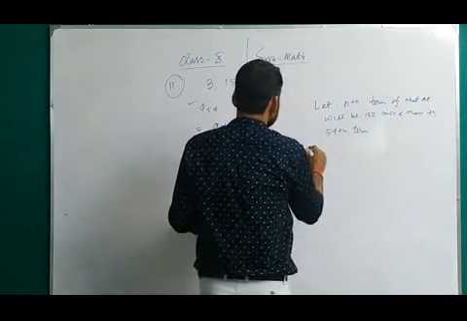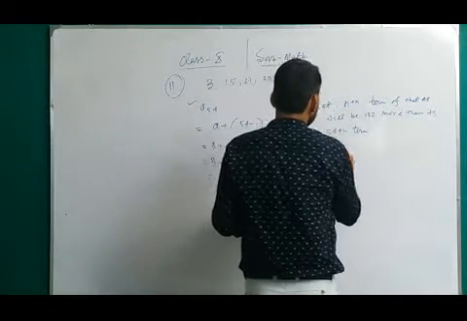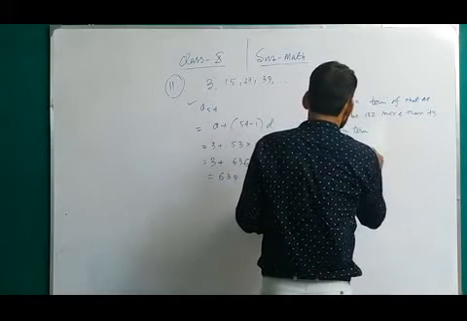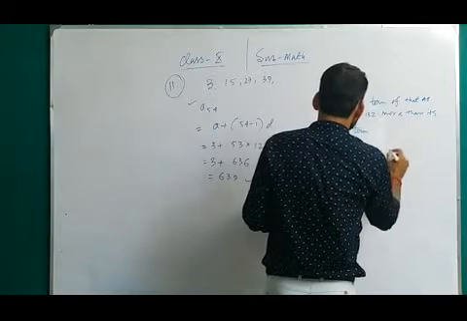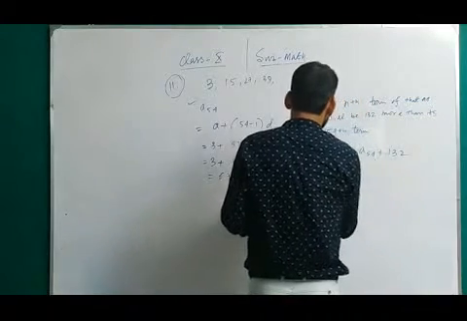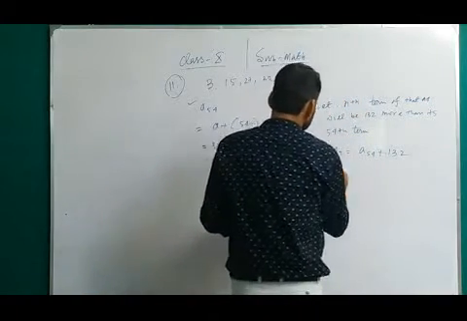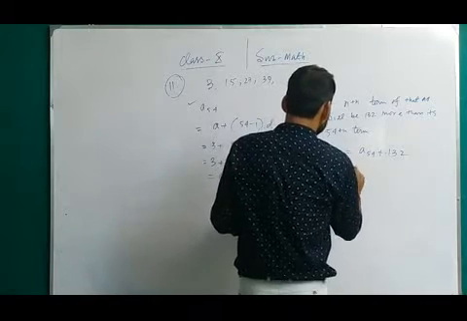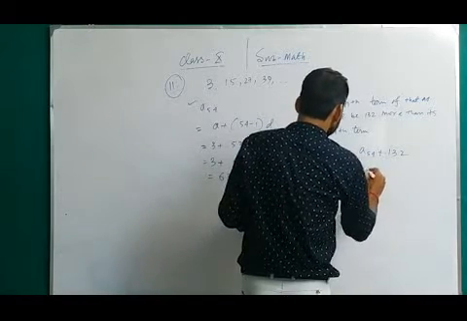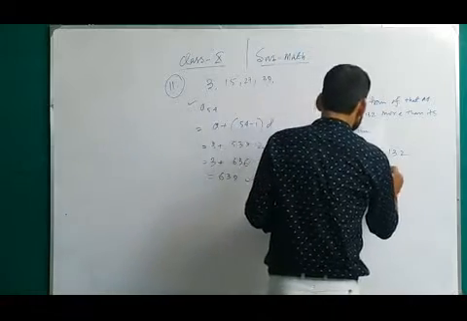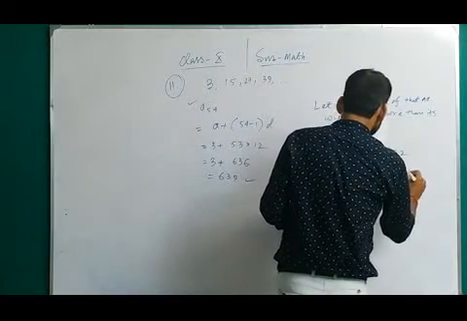Therefore, according to the question, an equals a54 plus 132. Now, the formula of an, a plus n minus 1 into d, equals 639 plus 132.